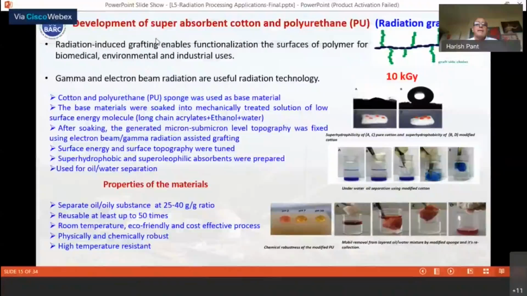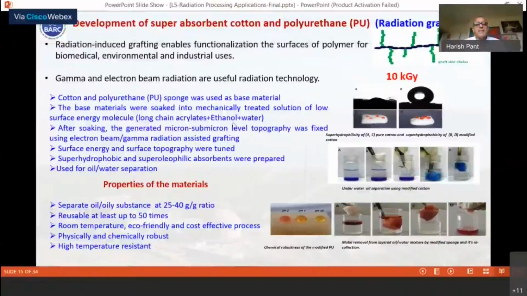Now, you can just consider that you take simple cotton, which is available from the medical stores. It is mixed in a solution with a long chain monomer like acrylate plus ethanol plus water.